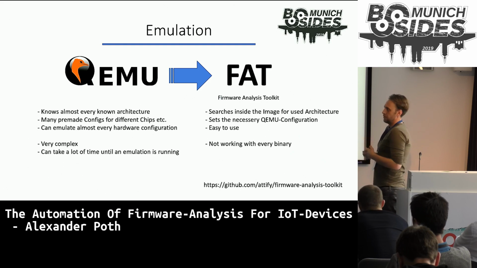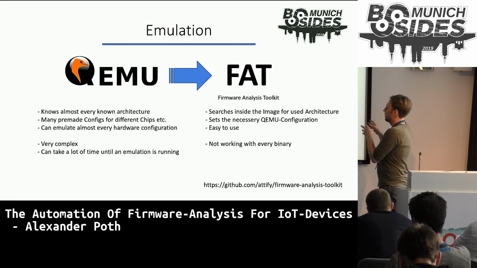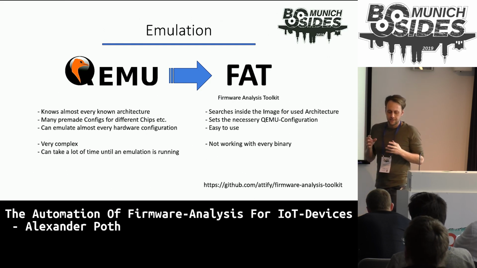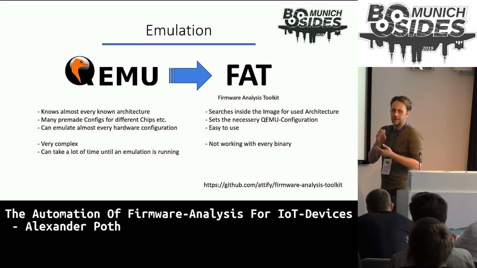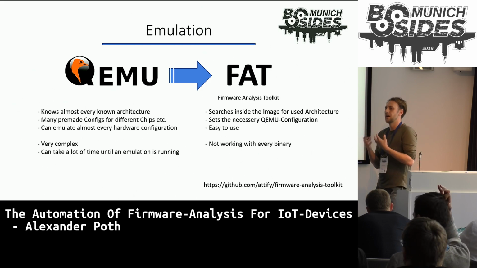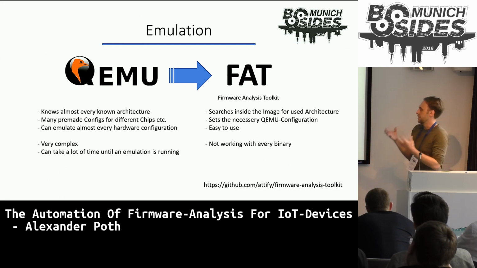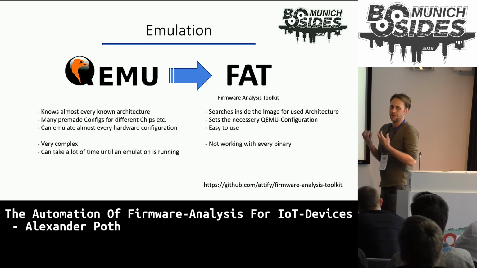But what is cool is that on top of QEMU there's the Firmware Analysis Toolkit, and what it does is look inside the binary itself and search for any information about the architecture, CPU, chipset, etc., and load the fitting QEMU configurations.